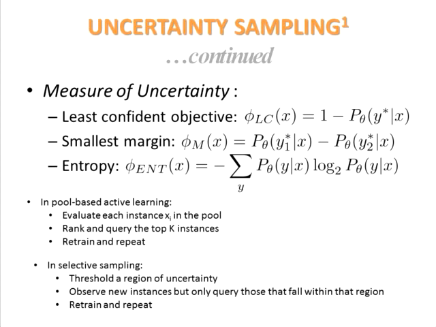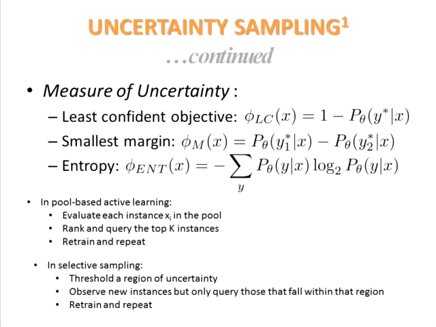Otherwise, you don't bother. Now, how do you decide whether a point is informative or relevant, or that you're uncertain about it? Well, there are various measures: you can minimize the least confident objective, the smallest margin, or the entropy. These are the algorithms. So this is how your pool-based active learning then gets modified.